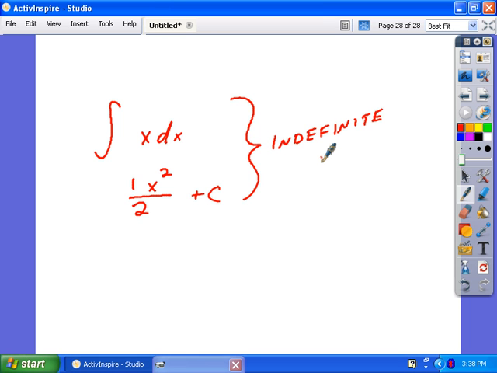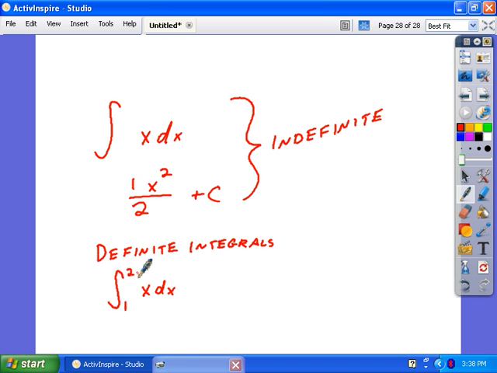Now, the nice thing about definite integrals is they tell you where we're talking about. So, let's talk about the same exact thing, x dx, but let's go from the range of 1 to 2.